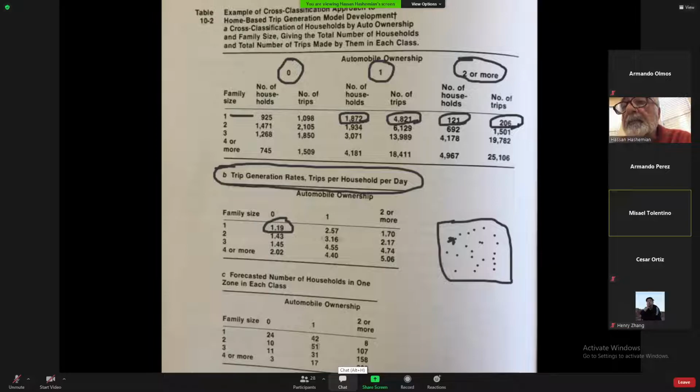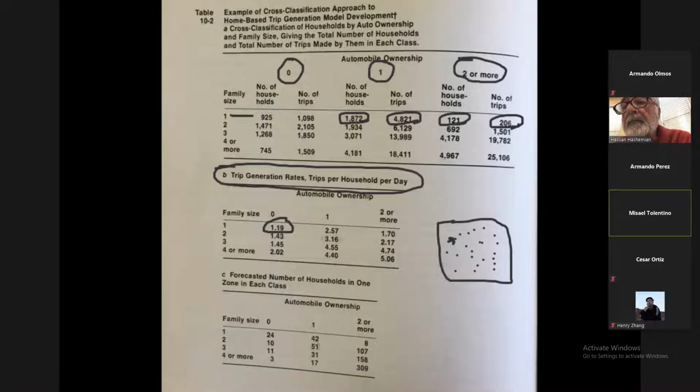Do you divide the number of trips by the number of households? Yeah, that's it. So we divide 1,098 by 925 in that category. So we get 1.19, right? Everybody get that? Yeah, correct. Okay, number of the trips divided by number of households give you the trip rates, which is the number of trips per household.